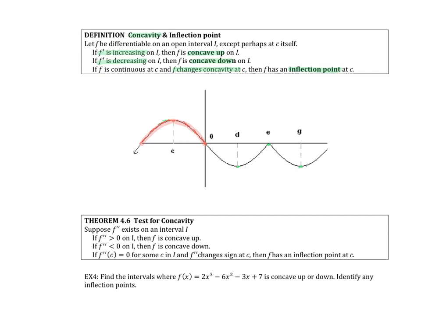Now from 0 to this next critical value, D, I notice that the derivative itself is negative at every point. But it's actually getting larger and larger. It goes from negative values to 0.